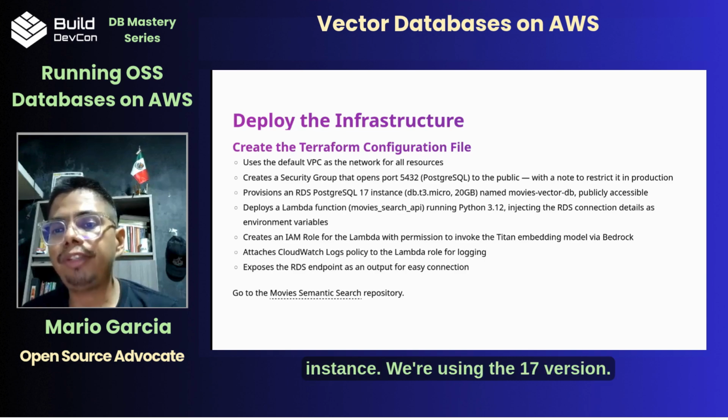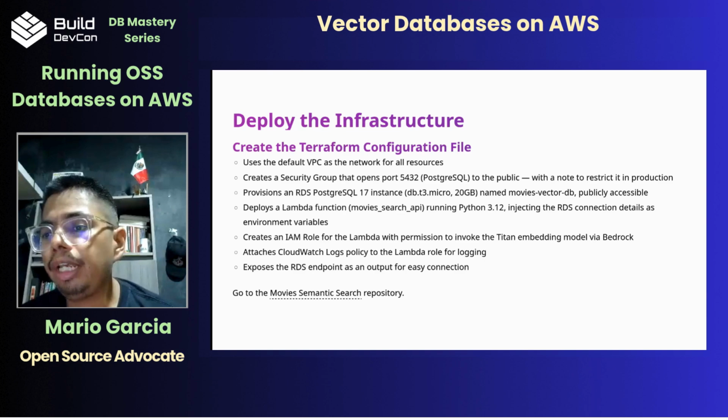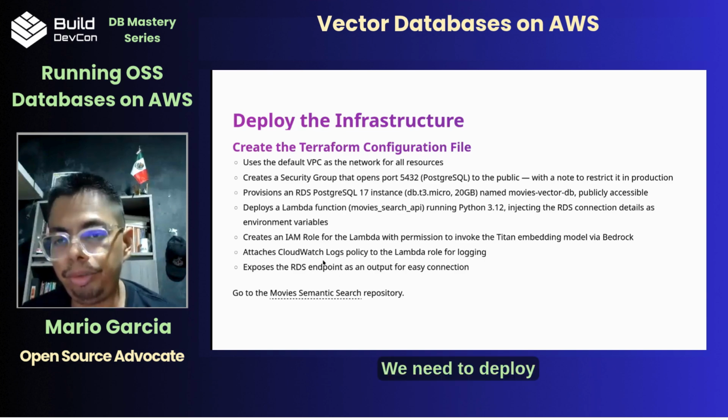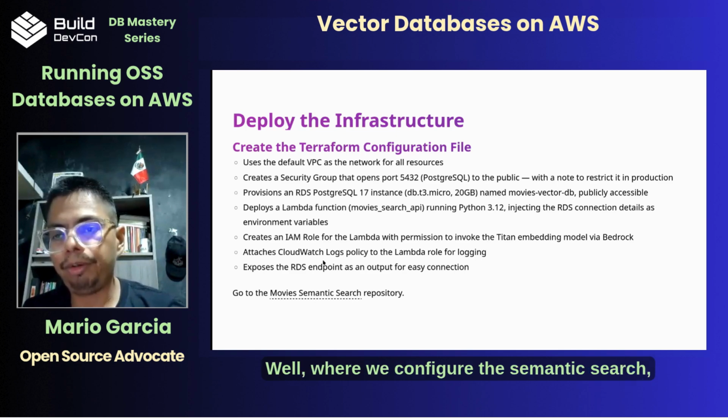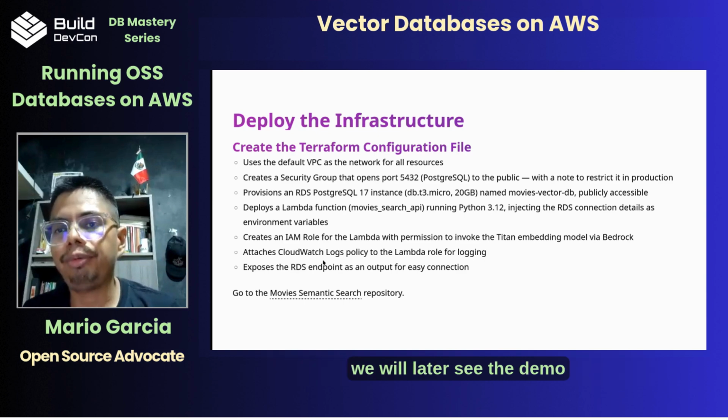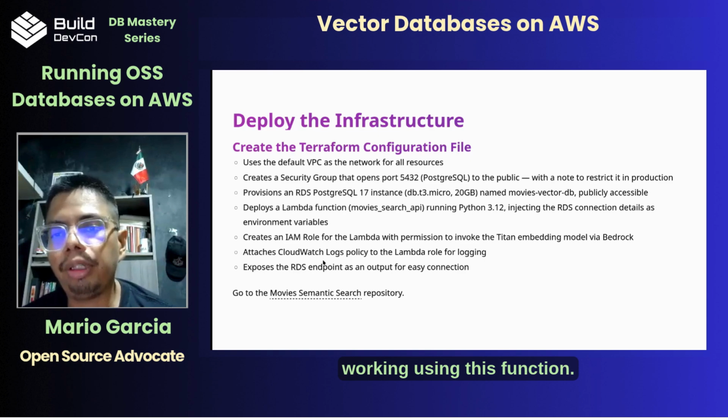We need to create a Postgres instance. We're using version 17, and we need to deploy the Lambda function that contains, well, where we configure the semantic search. We will later see the demo working using this function.